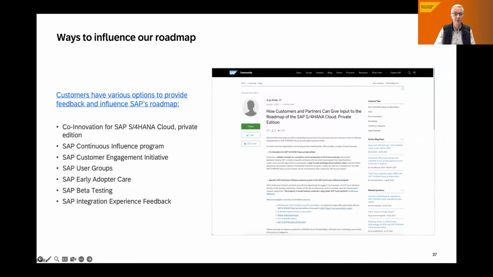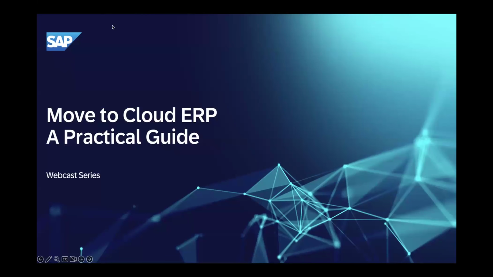I'm not going to read down through it. The link on this particular slide brings you to the blog, of which you are seeing a screenshot, by my colleague Anja Wilde. It will provide more detailed information in a more structured way of how you can make your voice heard. Next slide, please. That was the last slide.